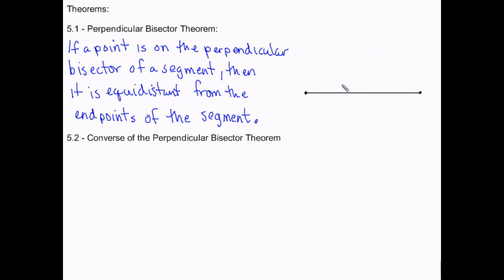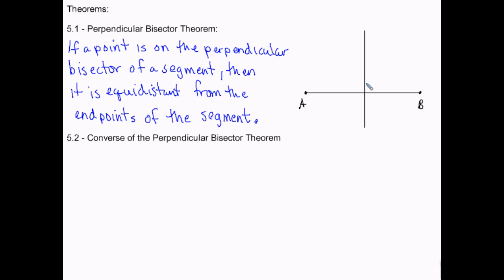So our perpendicular bisector theorem says that if we have a segment, let's just call it AB for convenience, and we come in and we have a perpendicular bisector. That's not perpendicular. There.